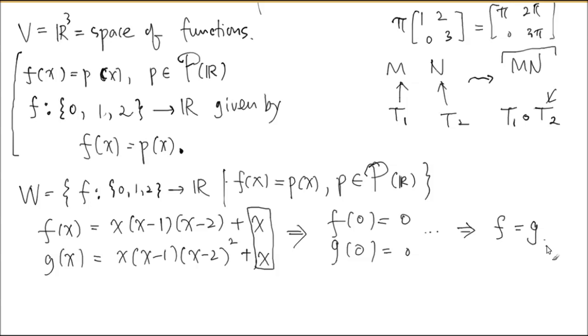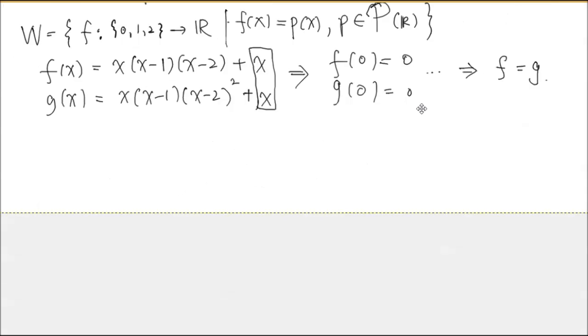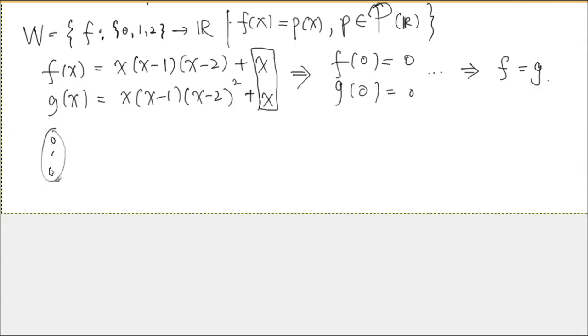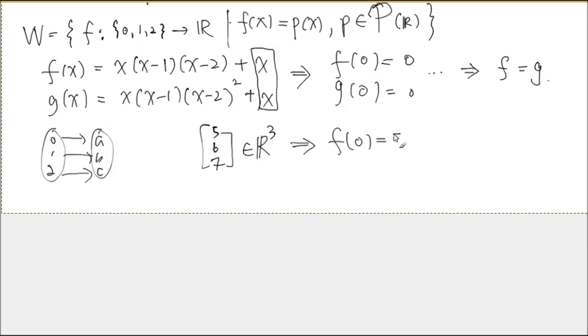Right? So this function, this polynomial, is all about where 0 is going, where 1 is going, where 2 is going. This function structure is all about sending 0 and 1 and 2 to some numbers a, b, c, right? Therefore, if I'm looking at 5, 6, 7 inside the size 3 column vectors, that corresponds to the function where f of 0 goes to 5, f of 1 goes to 6, f of 2 goes to 7.